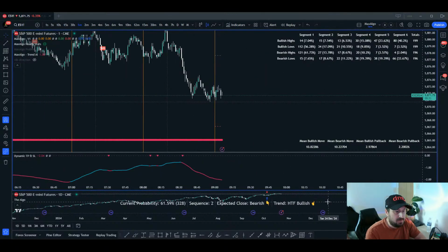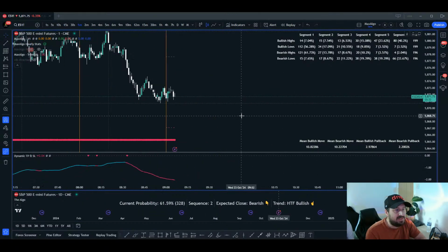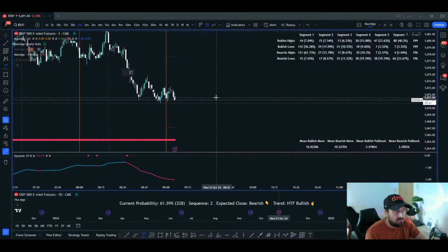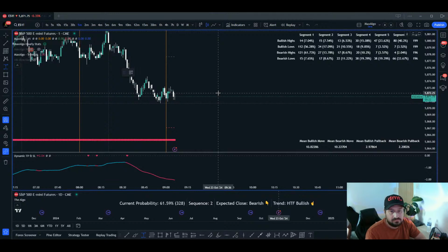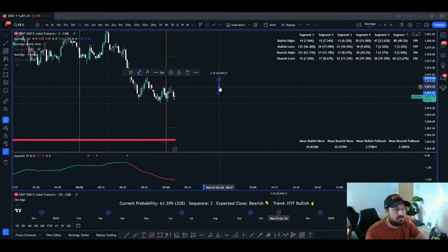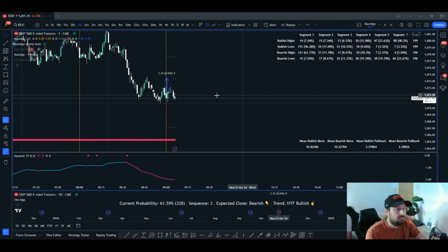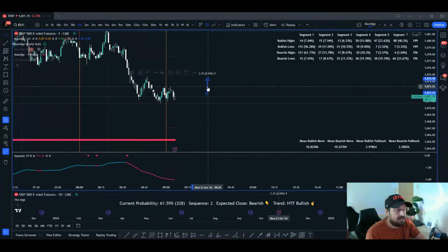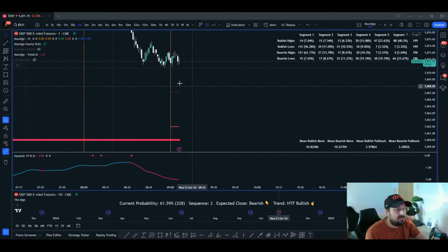So at the moment, if this is going to go bearish, we could look at what we expect is our mean bearish. We opened here, bearish 2.2. That gives us our average move on a bearish pullback. This is 50% of the mean.